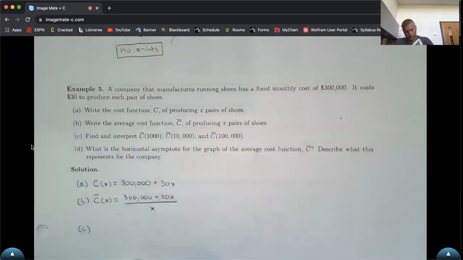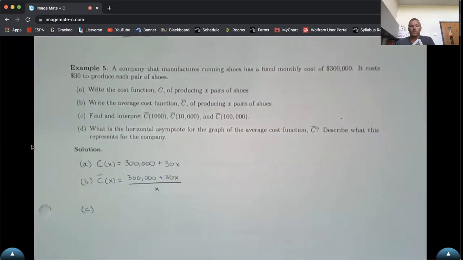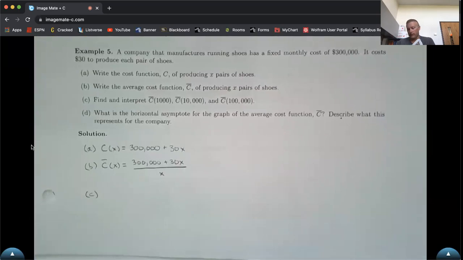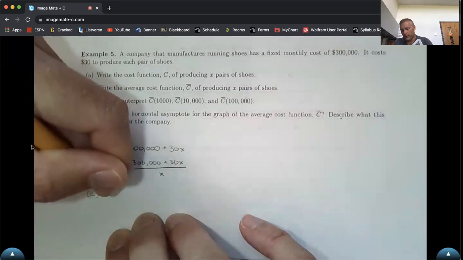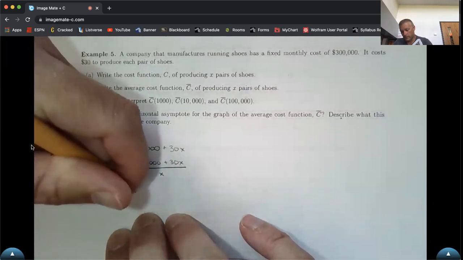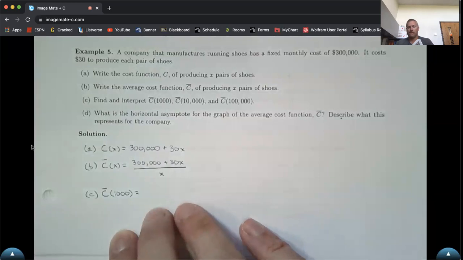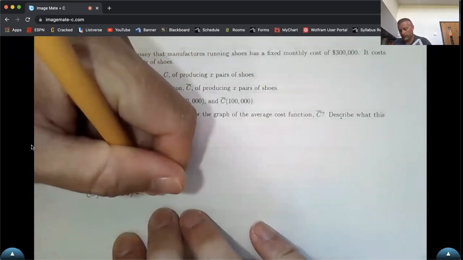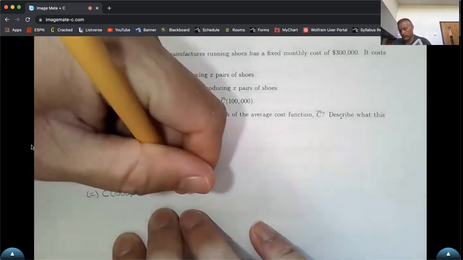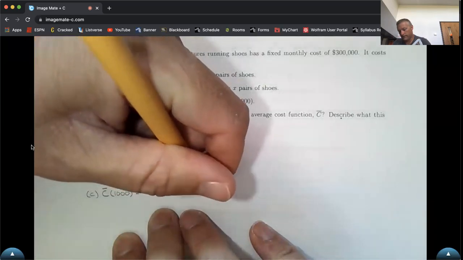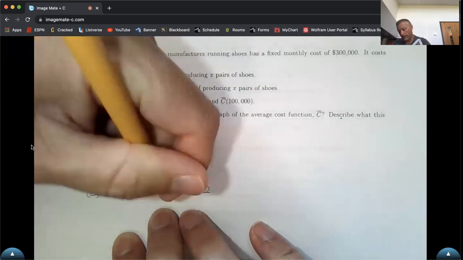In C, we're asked to find and interpret C bar of 1,000, C bar of 10,000, C bar of 100,000. So for example, if we did C bar of 1,000, that would be 300,000 plus 30 times 1,000 over 1,000.